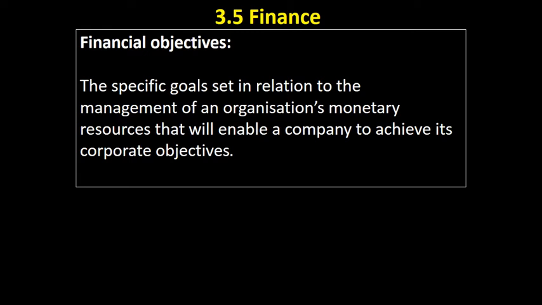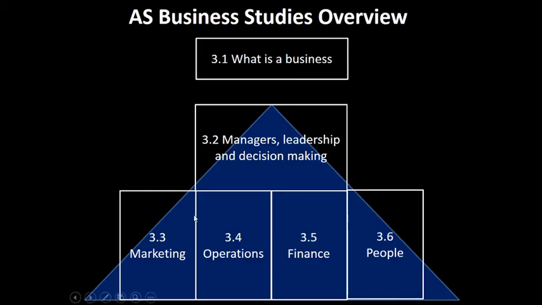Financial objectives are specific goals set in relation to the management of an organisation's monetary resources that will enable a company to achieve its corporate objectives. The key thing to remember is that the objectives are set by the management and leadership of a company.